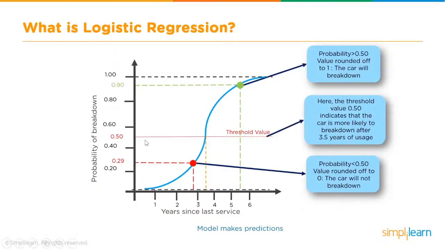So there has to be a threshold, like for example 0.5 in this case. Any value of the probability below 0.5 is considered to be 0 and any value above 0.5 is considered to be 1. So an output of, let's say, 0.8 will mean that the car will break down, which is considered an output of 1, and an output of 0.29 is considered 0, which means that the car will not break down. So that's the way logistic regression works.